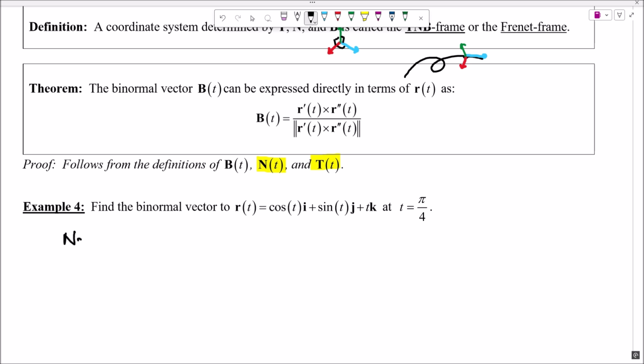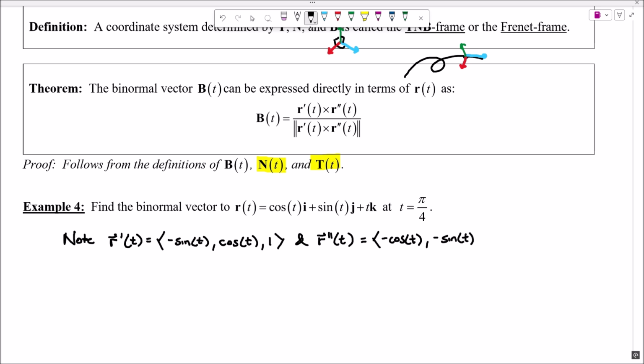Okay, so I'm going to just really quickly note what each of my derivatives is going to look like. So my first derivative here has components negative sine of t, cosine of t, and 1. And my r double prime is going to be negative cosine of t, negative sine of t, and 0.